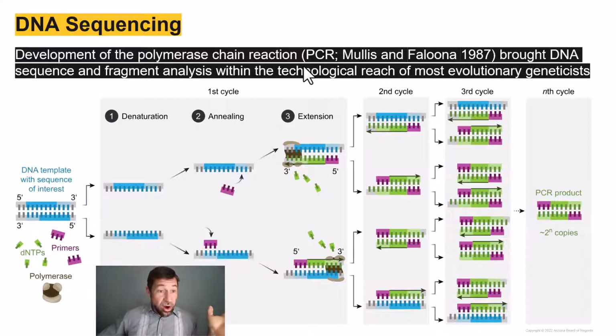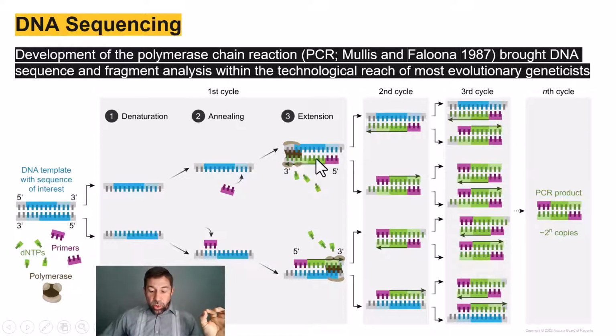In PCR, a target sequence of DNA is tremendously amplified, by first unraveling that double helix structure using heat. This is called denaturation. Then we're going to anneal, or fix, primers to specific target regions.